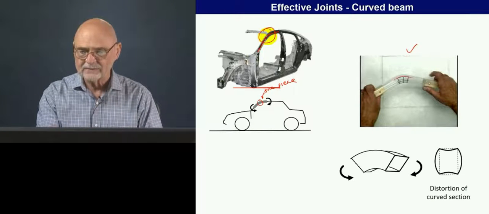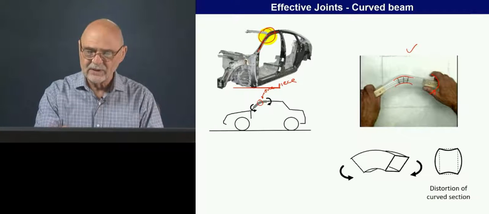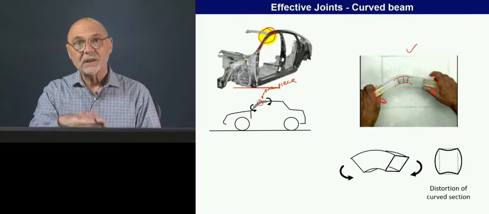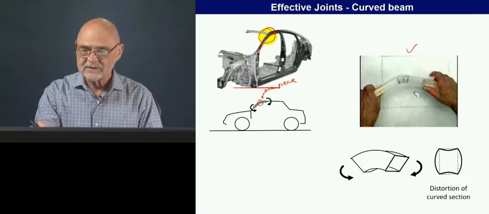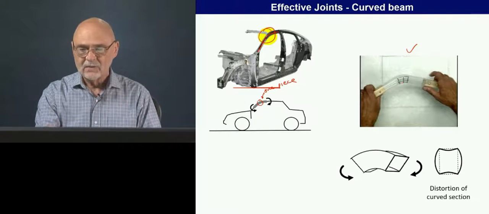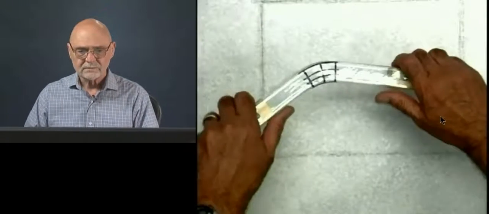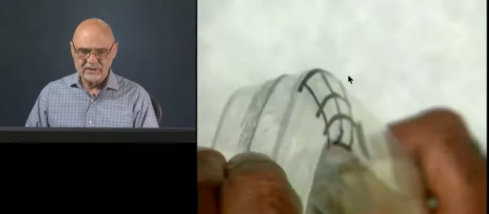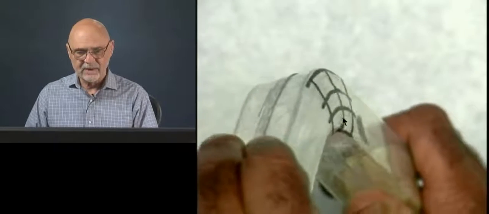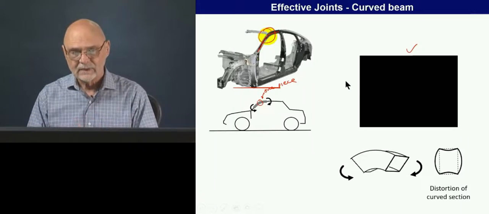So it has a curve in it. And what I'll be doing is applying a moment here and here. And even though this is a continuous structure with no physical joint, you'll see a lot of deformation occurring right in this central region. So here, when we look at it this way, you'll see the large amount of deformation that's occurring right at the transition.